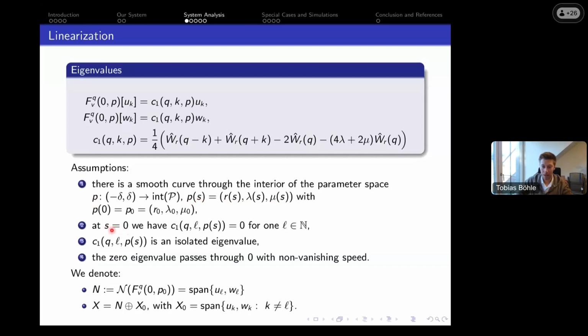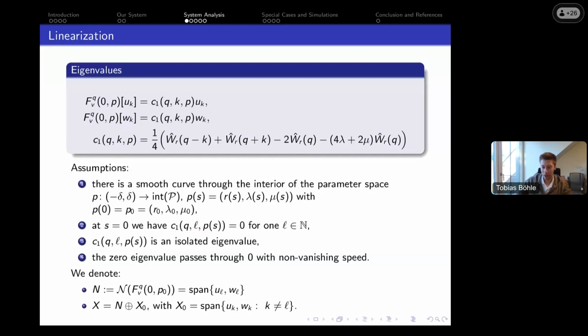And at s equal to 0, we want that one of these eigenvalues is exactly 0. So the bifurcation point should be at s equal to 0. And here we want to say that the Lth eigenvalue is the one that goes through 0.